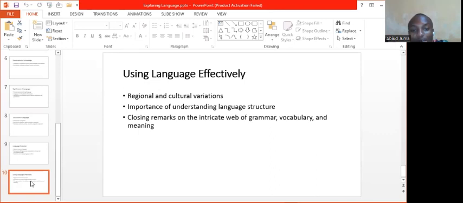Therefore, you must be able to understand the structure so that you can construct a correct sentence.